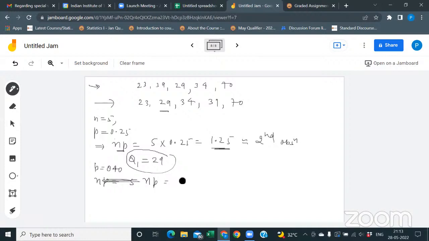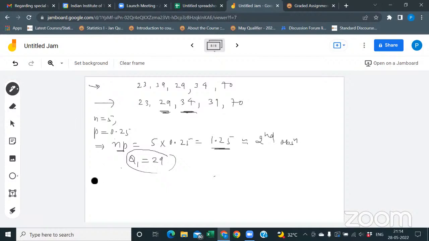Then the value of NP will be 5 into 0.40, that means 2. You have to take the average of the second observation and the third observation, not only the second. Then it will be 29 plus 34 by 2. If the value of NP is a decimal, then you have to take the next observation.